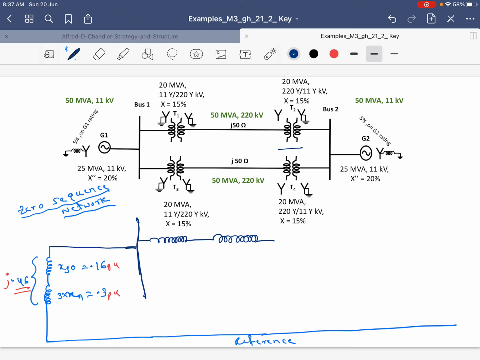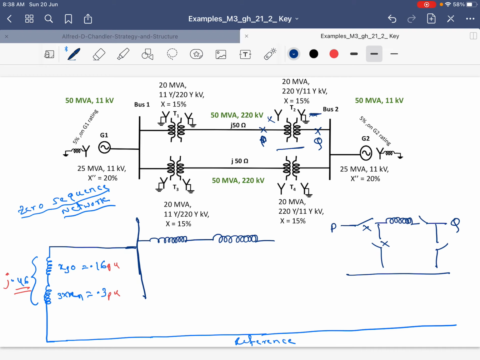Then here it is star connected and ungrounded. You have to look into your sequential switching diagram and recall it. You can call this point P and this point Q. Since the primary is star connected ungrounded, this switch is not closed.